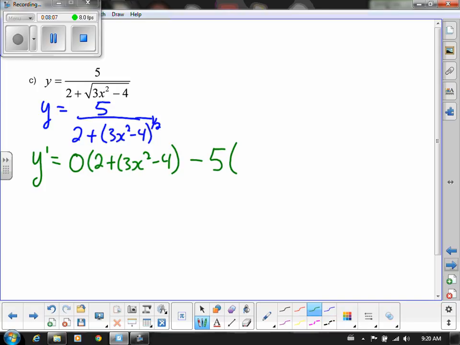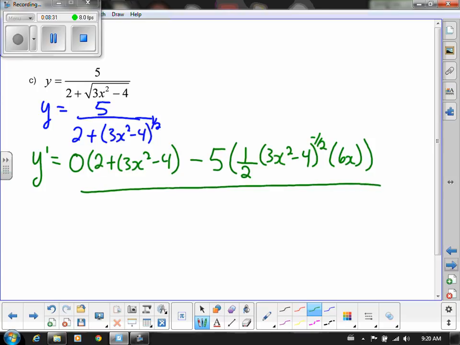So then when I take the derivative of that, I'm looking outside. So that outside exponent comes down. So I have 1/2, bracket unchanged, to the negative 1/2, multiplied by 6x. And I have that 6x because that's the derivative of the inside bracket. All over 2 plus 3x squared minus 4 to the power of 1/2, and the whole thing is squared.